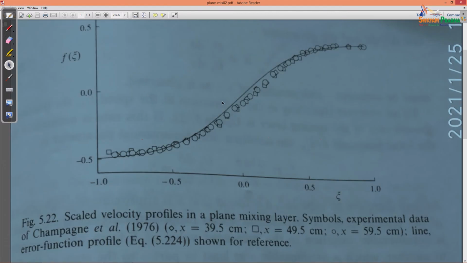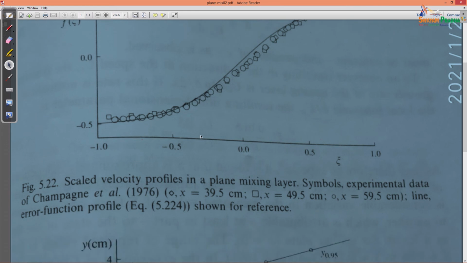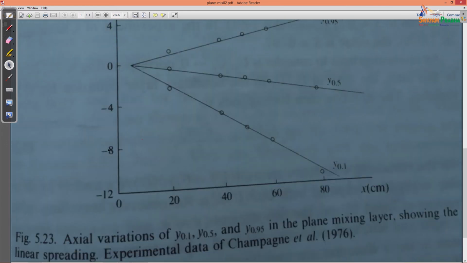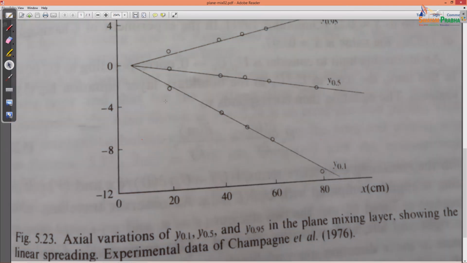So this is the f of zeta. This is an interesting point. It was kind of obvious, I mean, you have a jet and the jet comes out and it spreads. It was almost intuitive; we just didn't understand all the nuances of it.